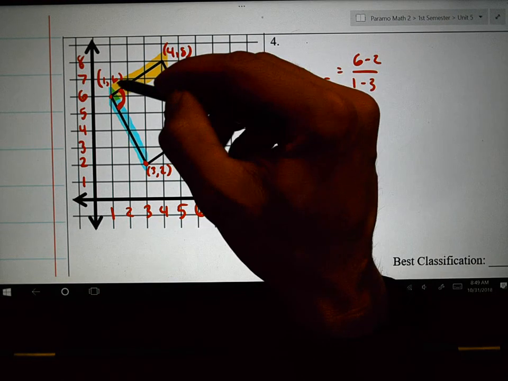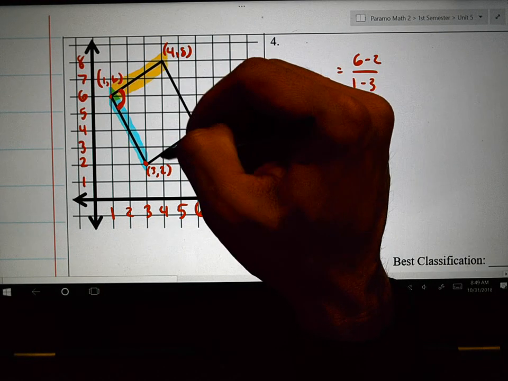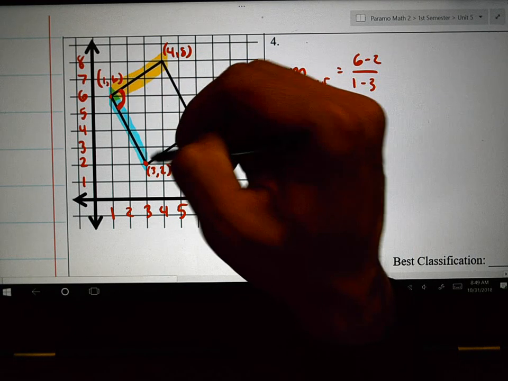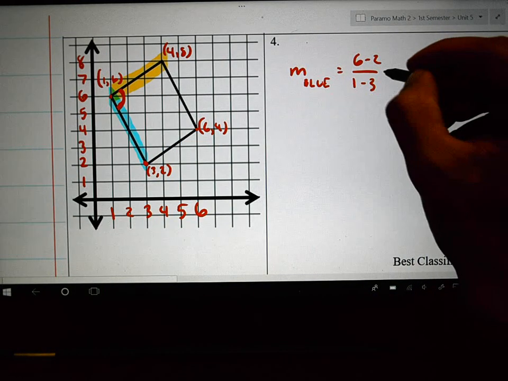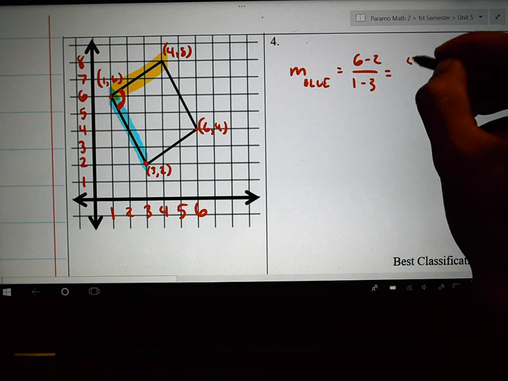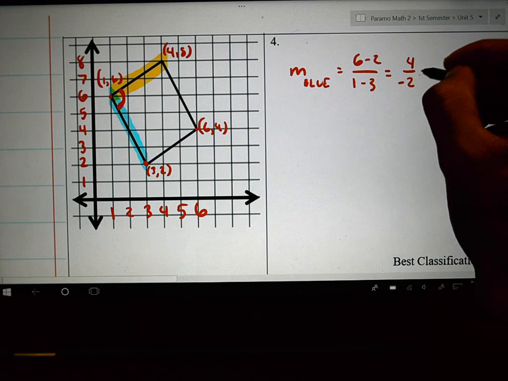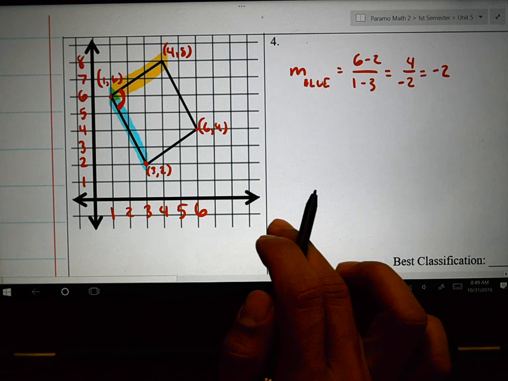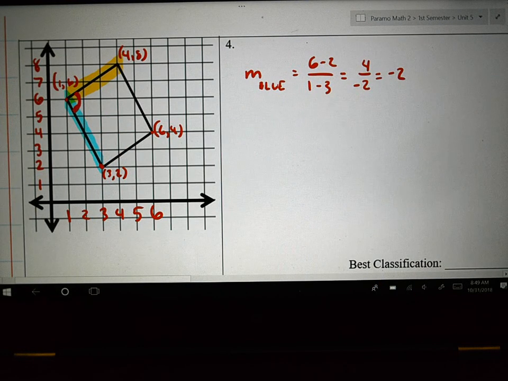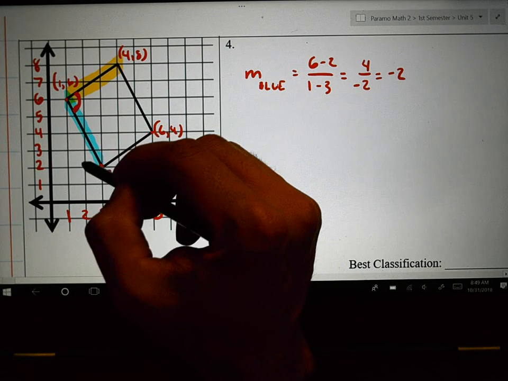If you do 6 first minus 2, then you have to do 1 minus 3. You have to subtract in the same direction, which makes this 4 over negative 2, which is negative 2. It goes down 2 over 1, down 2 over 1, which makes sense.